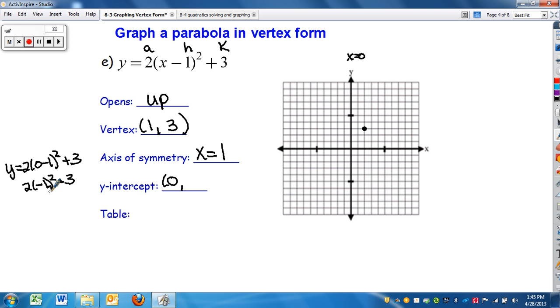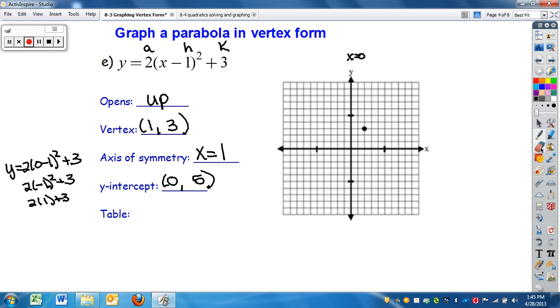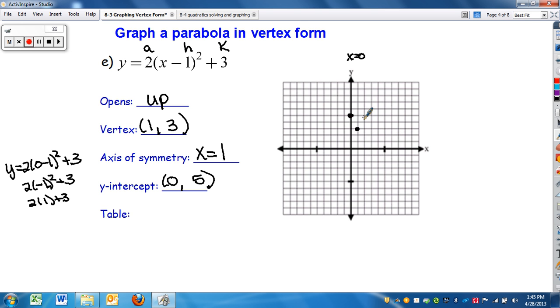Negative 1 squared is 1, so it's 2 times 1 plus 3, which gives you 5. And I just realized I plotted this point wrong over here. I did 2, 3, not 1, 3. So you've got 1, 3, and 2, 5.